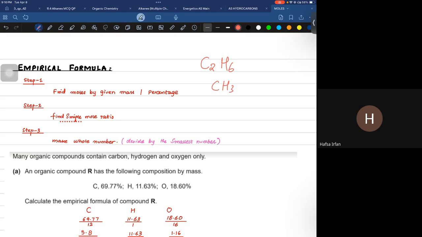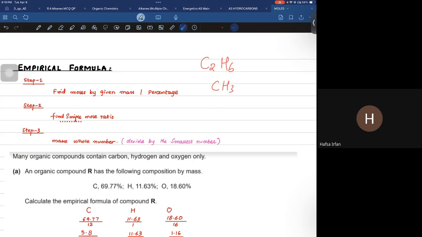I got the empirical formula. Now it cannot be simplified further. So of course, this is called empirical formula.